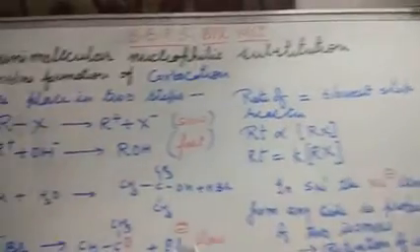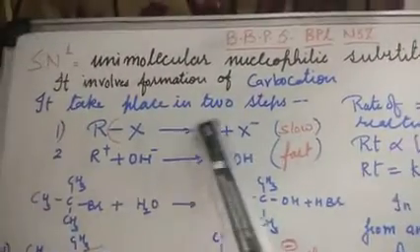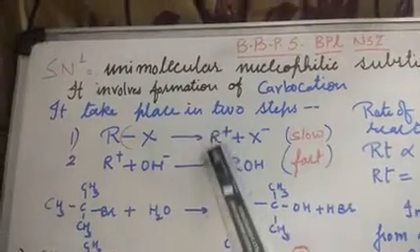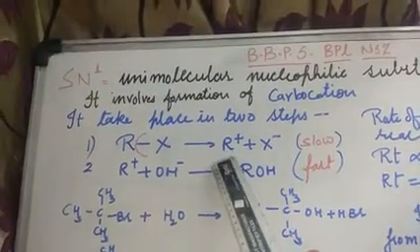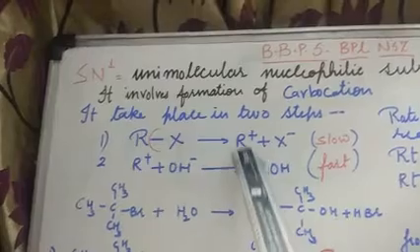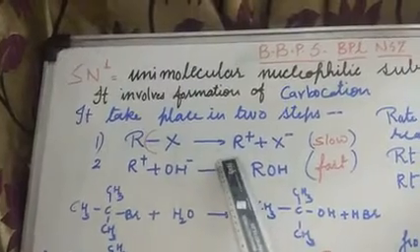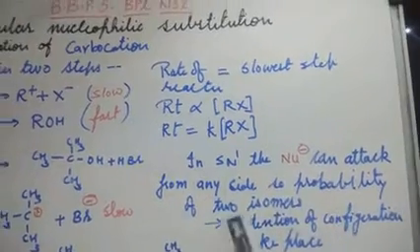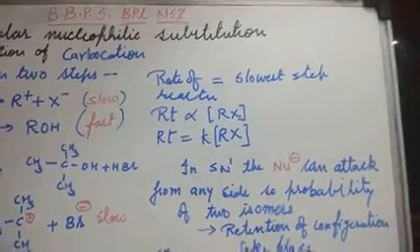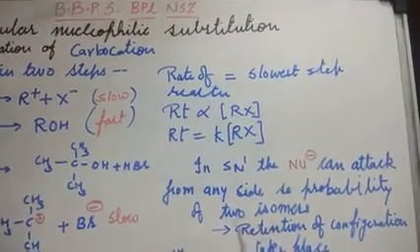Because as we are getting this carbocation, it is acting like a magnet because positive charge is there over this, and nucleophile can attack to it from any side. Okay, so in SN1, nucleophile can attack from any side. So the probability of 2 isomers will be there either from front side or from the back side.